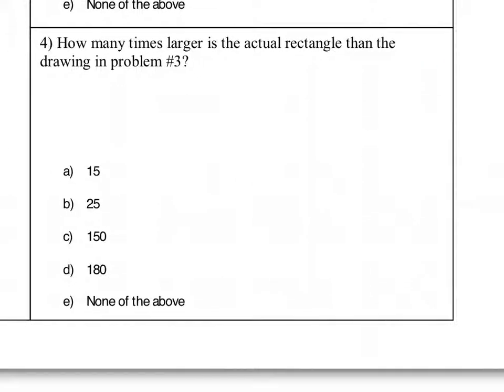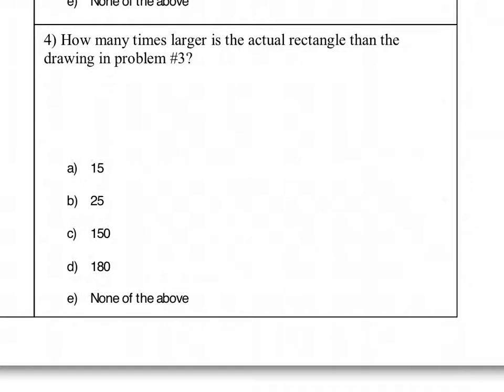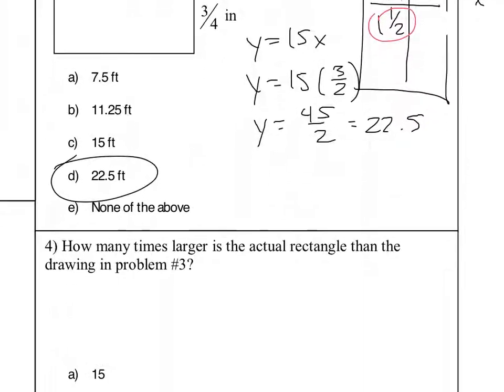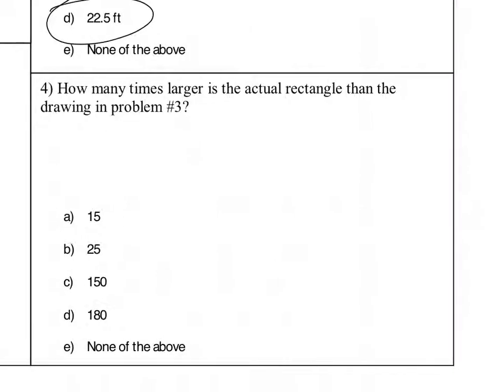And finally, I want to know how many times larger the actual rectangle is than the drawing in problem 3. So this is asking us how many times larger. That should tell us that we're looking for a scale factor. We have a scale of 1 inch to 15 feet.